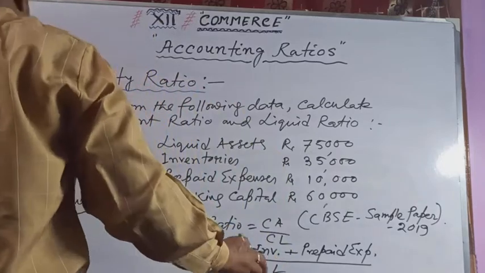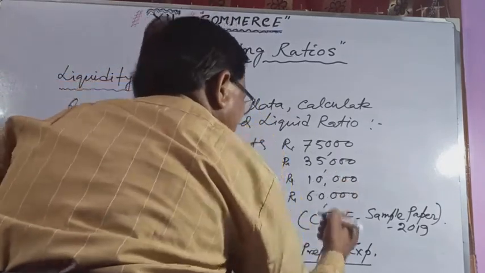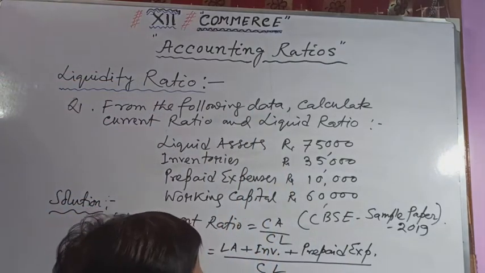This is the current assets 1,20,000 minus 60,000, this is equal to working capital.